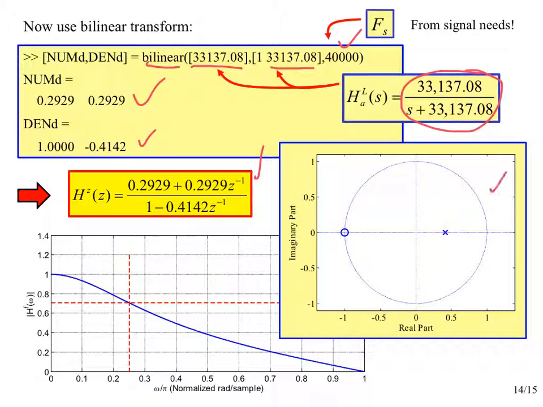Here's our pole zero diagram. We've got 1 pole from the denominator, 1 zero from the numerator, and you can see that the numerator gives us a 0 on the unit circle at z equal to -1. And the denominator gives us a pole at a little less than halfway out.